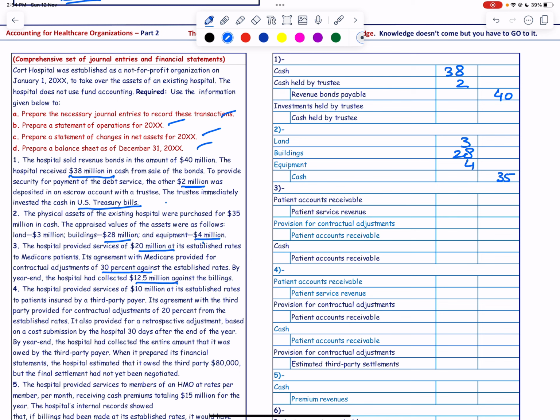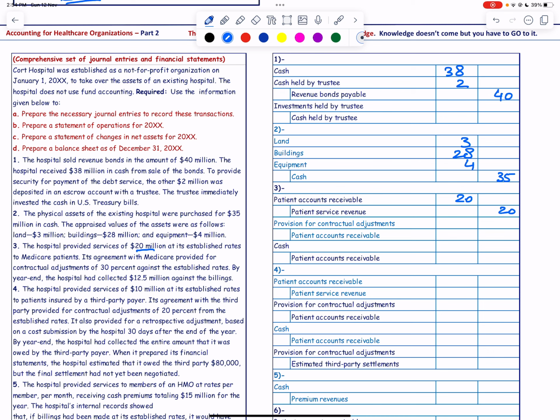So first of all, this is transaction number 3, 20 million. So the hospital is going to receive 20 million. So patient accounts receivable is debited by 20 million, and patient service revenue is credited by 20 million.